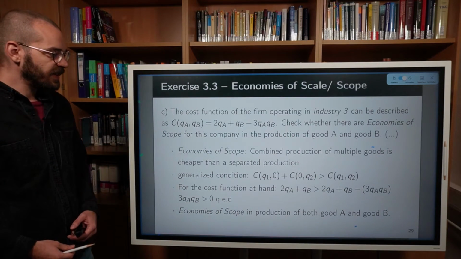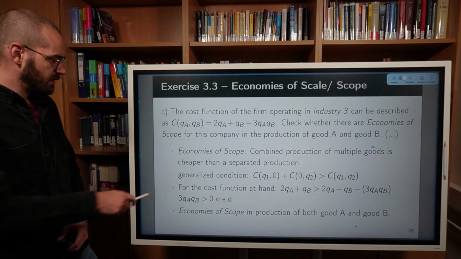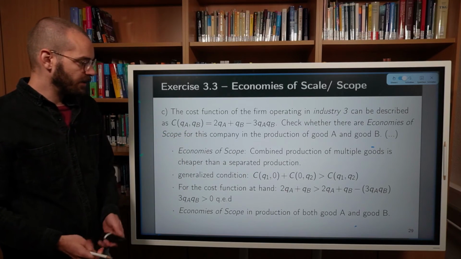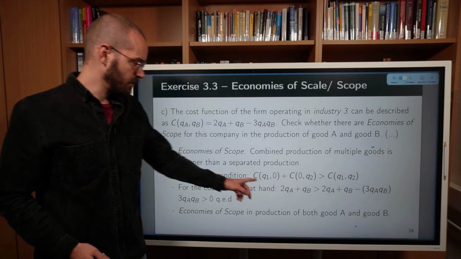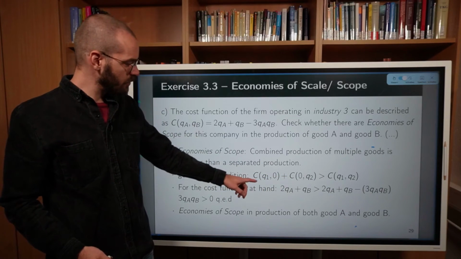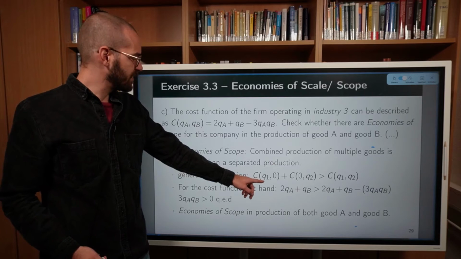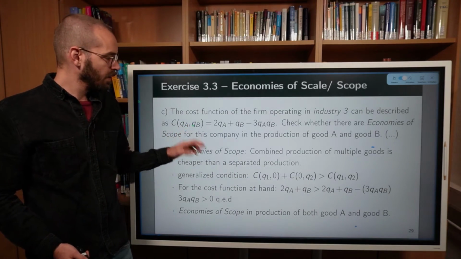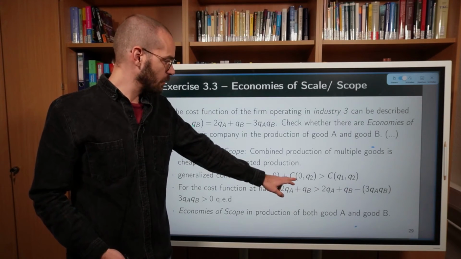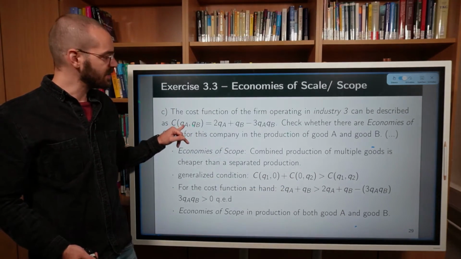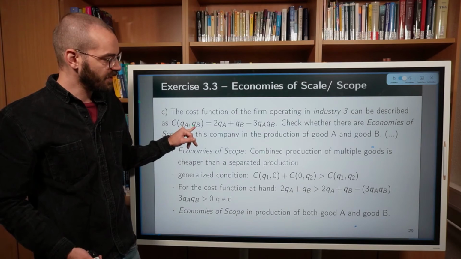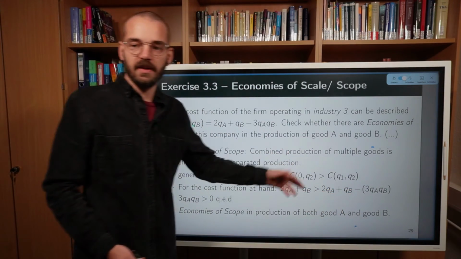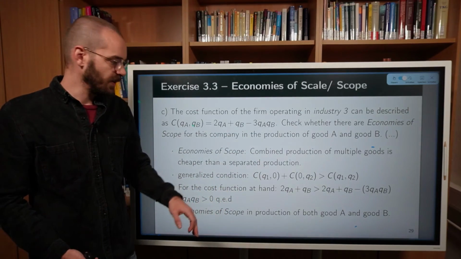When we're looking at this specific case, we are considering exactly this situation. So we are adding the cost of producing some quantity of good A and 0 quantity of good B, plus the opposite, so producing 0 of good A and some quantity of good B, right? And compare this with producing any quantity of A and any quantity of B, okay?